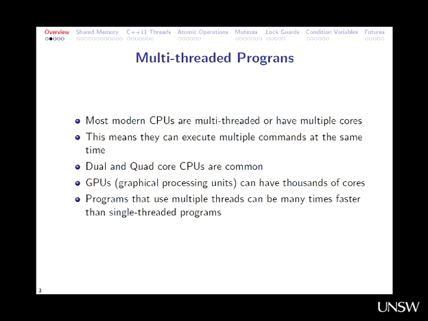But modern CPUs, just about every single consumer CPU you have today, are either multi-threaded or have multiple cores. Now, there is a difference between having a physical separate core and being able to just run multi-threaded applications on a single core. That's hardware-related stuff, things like hyper-threading.